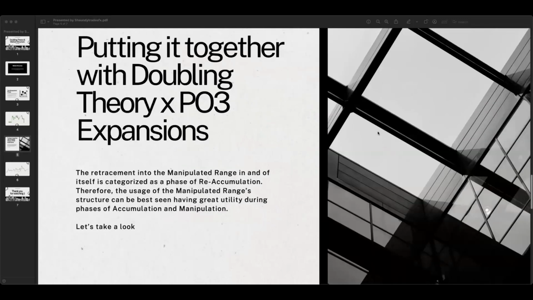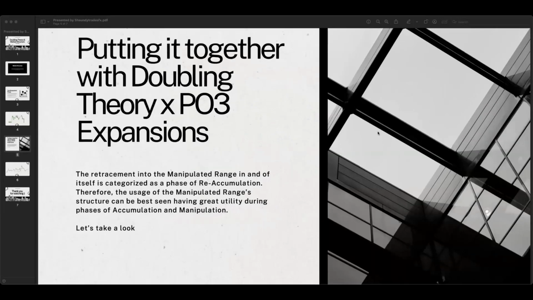Now, putting it together with doubling theory and the power of three expansions. The retracement itself is categorized as a phase of reaccumulation, because when there's a retracement, it is a reaccumulation. So the manipulated range structure has great utility during the phases of accumulation and manipulation. During the distribution phase, price is moving really fast, so we can use our fractal dealing ranges. But with accumulation and manipulation, price has to keep accumulating and then displace into one side, doing the manipulation.